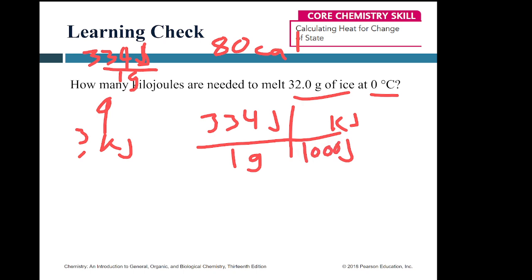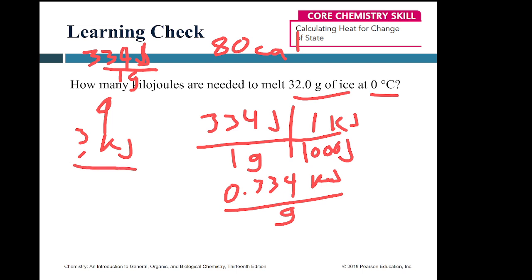And that will give us our number, which is 0.334 kilojoules per gram. Now, what's the next part of this? We need it just in kilojoules, right? Again, keep track of what I need. That number right there did not have grams in it, did it? So I'm not quite there yet. I need to get rid of grams. How do I cancel out grams?